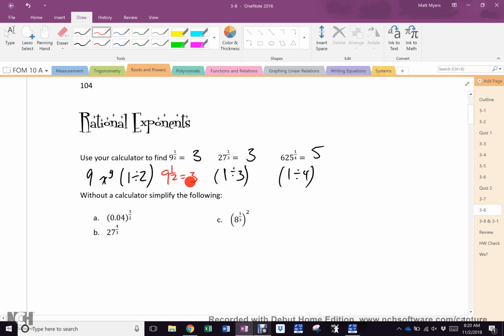Do any of you see a relationship between 9, an exponent of 1 over 2, and 3? Anything, just brainstorm. I'm not looking for the right answer.